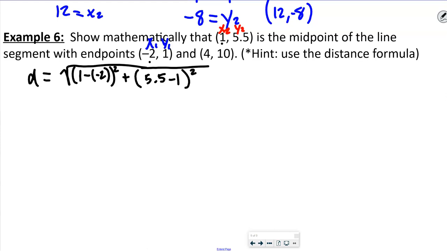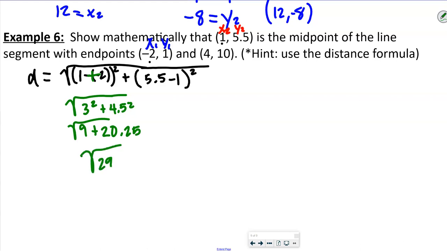So when I did that, again, remember, if I do a minus, that's a plus. So this is going to be the square root of 3 squared plus 4.5 squared. That's going to be 9 plus 20.25. So that's going to be 29, square root of 29.25.